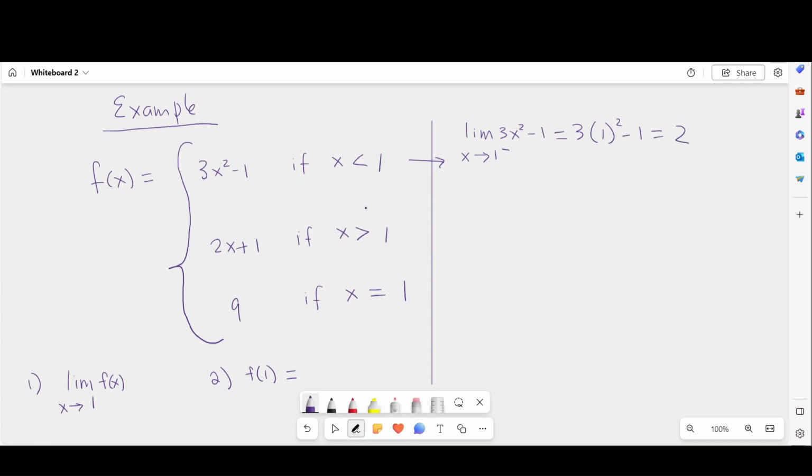Similarly, since f of x equals 2x plus 1 for all values of x greater than 1, we will use this function when we calculate the right-hand side limit of 1.